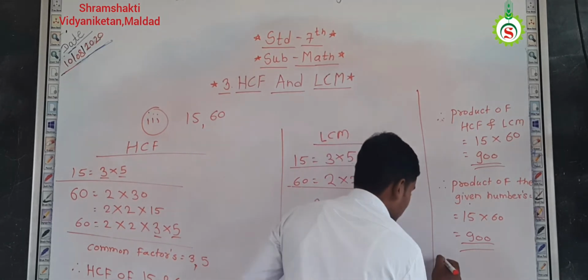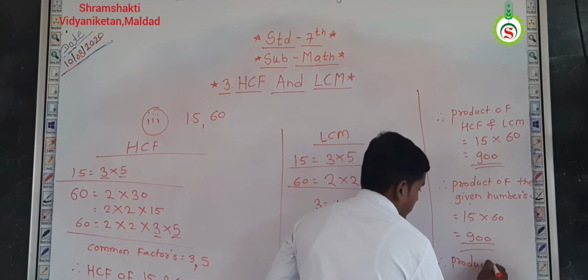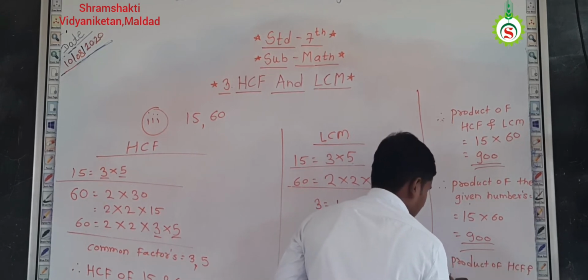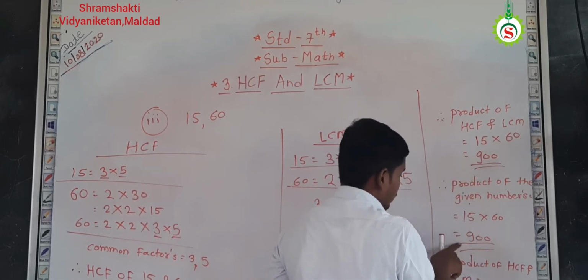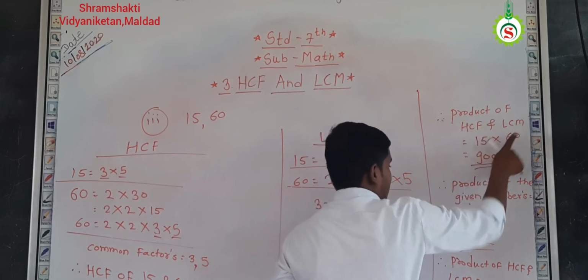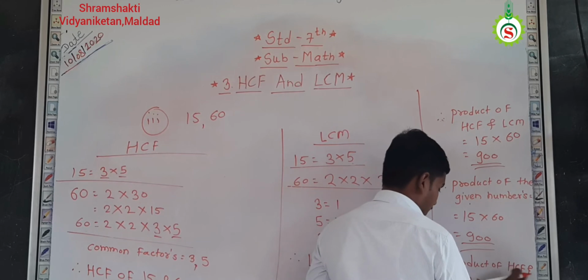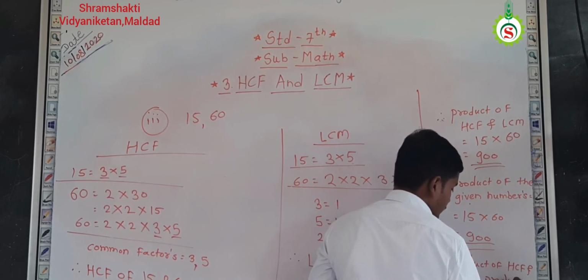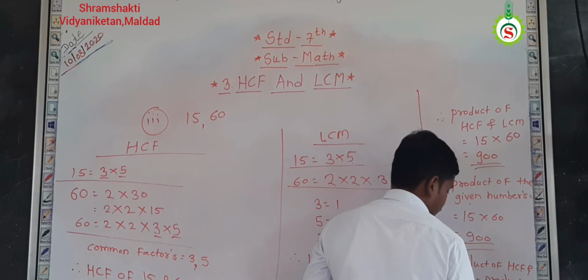Therefore, the product of HCF and LCM is equal to the product of the given numbers.